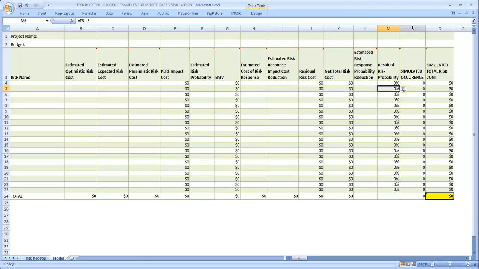Now, the last two columns use distribution functions that are part of @RISK. The first one you will see is called simulated occurrence. What does simulated occurrence mean?